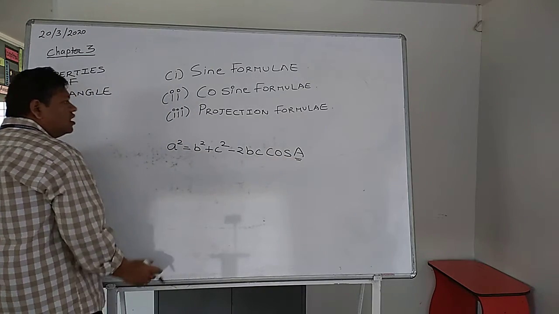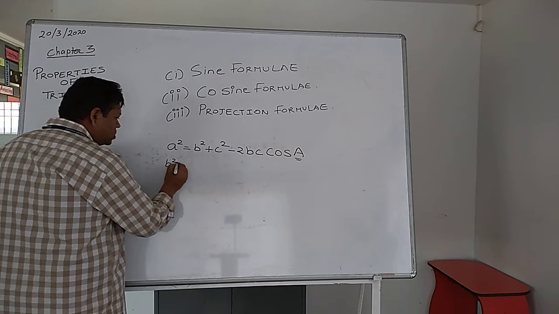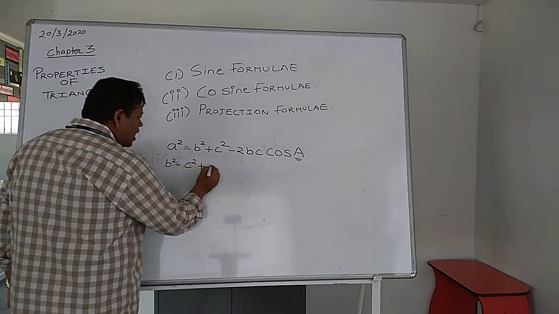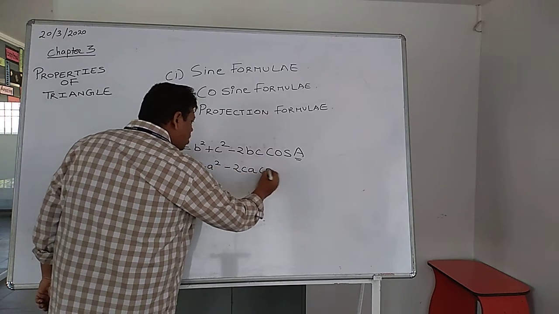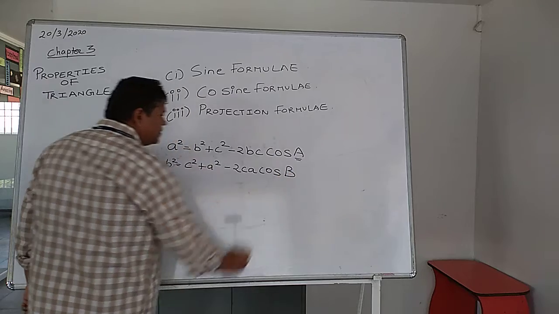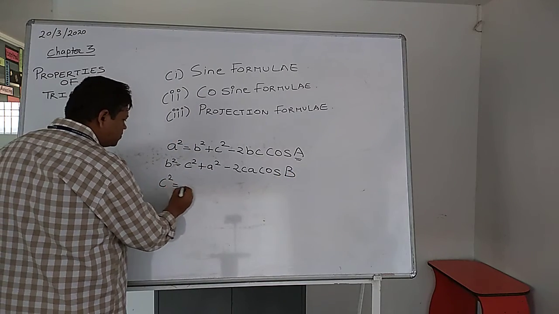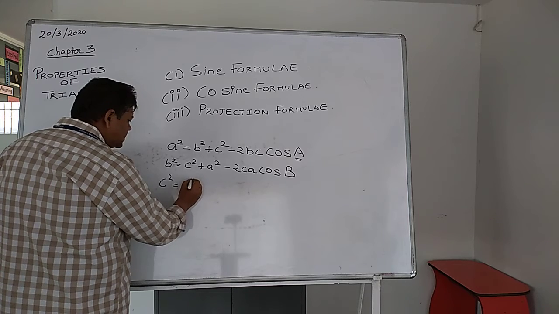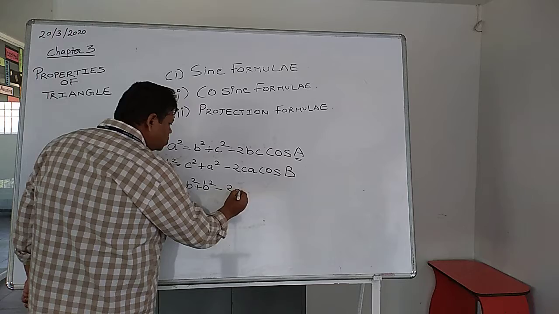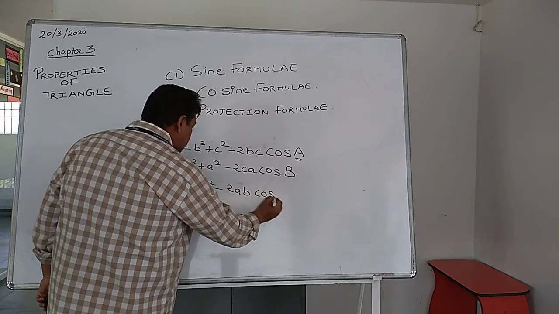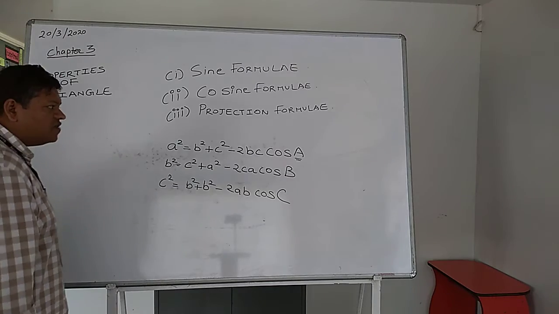The formula has three variants. b square is equal to c square plus a square minus 2ca cos B. Similarly, c square is equal to a square plus b square minus 2ab cos C. So these are the three cosine formulas.